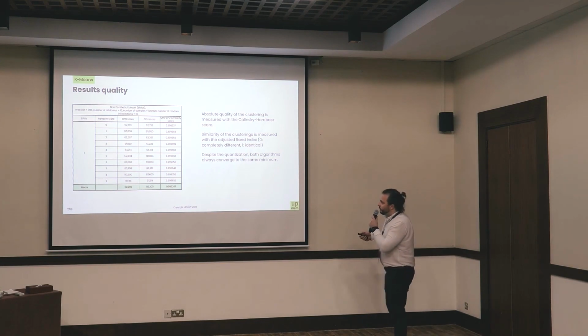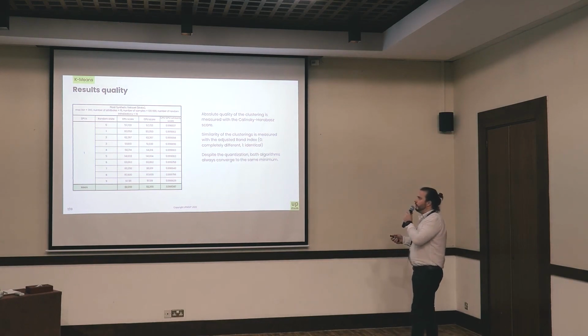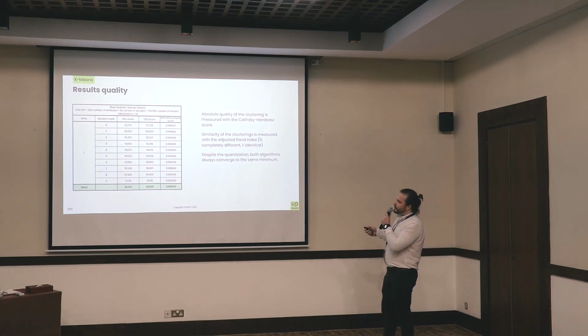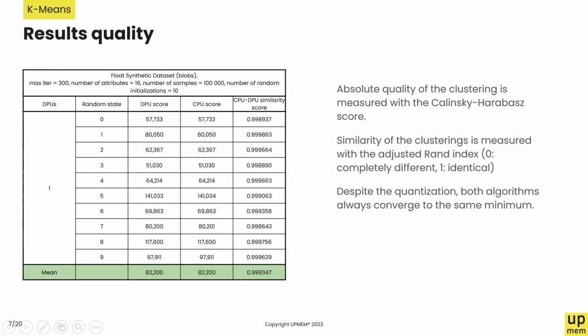To compare the results of the regular algorithm and the PIM version, we do two things. One is to compute the score, the measure of the quality of the clustering. And we can also measure the similarity of the clustering performed by the classical algorithm and by the PIM algorithm.